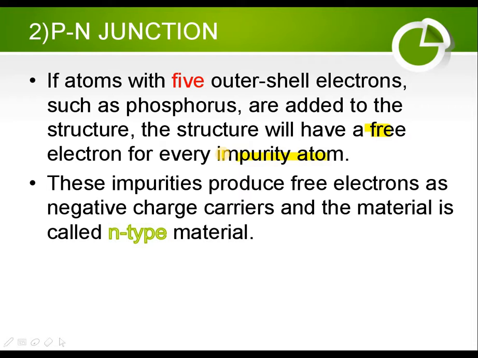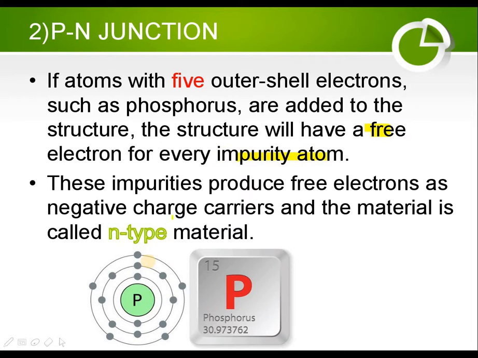So this is a -1 charge. It depends upon the number. Phosphorus has atomic number 15 and 5 outer electrons in the valence shell, or last shell.